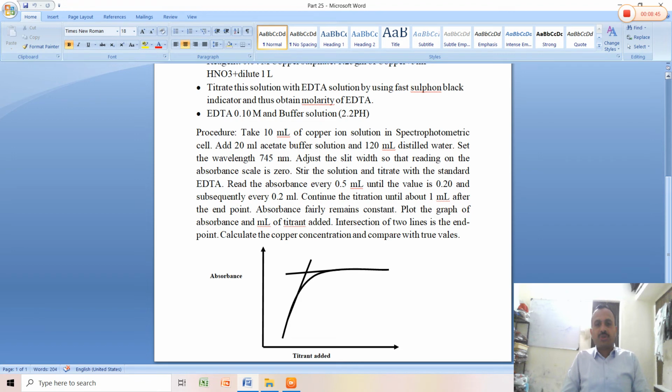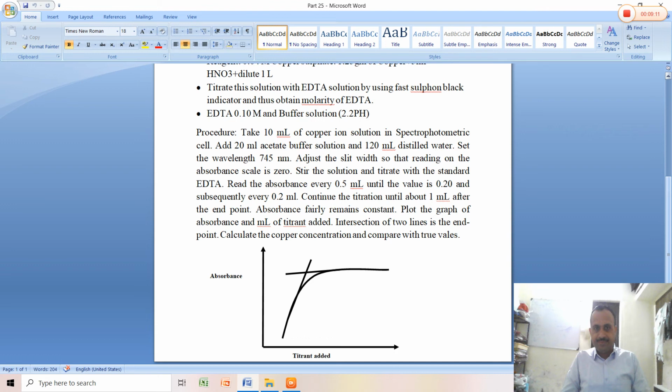Now with the help of the slit, we just bring the reading to 0. Stir the solution and titrate with the standard EDTA. We stir the solution and titrate with standard EDTA.